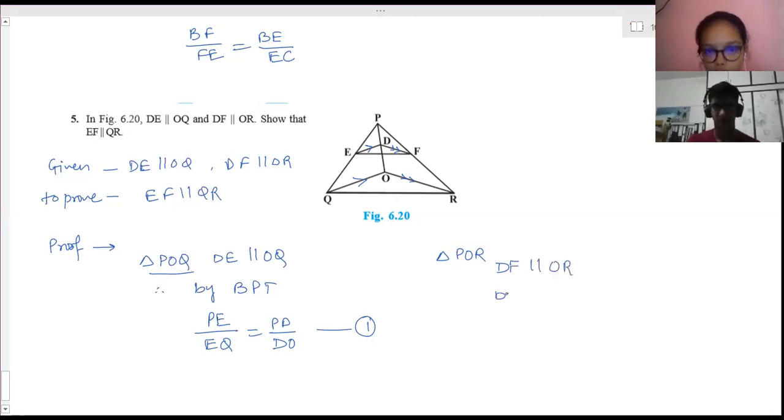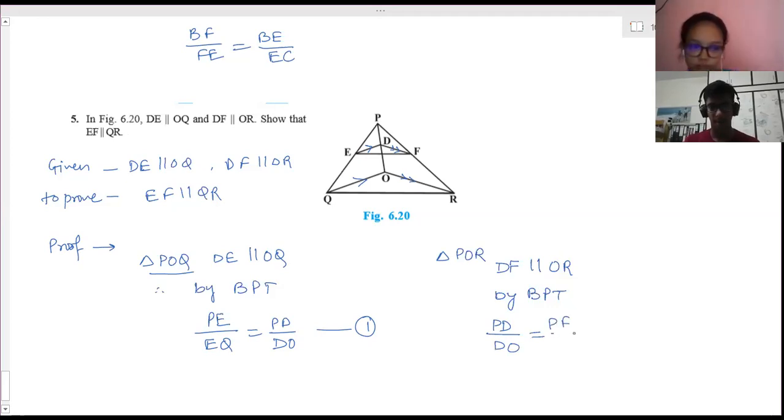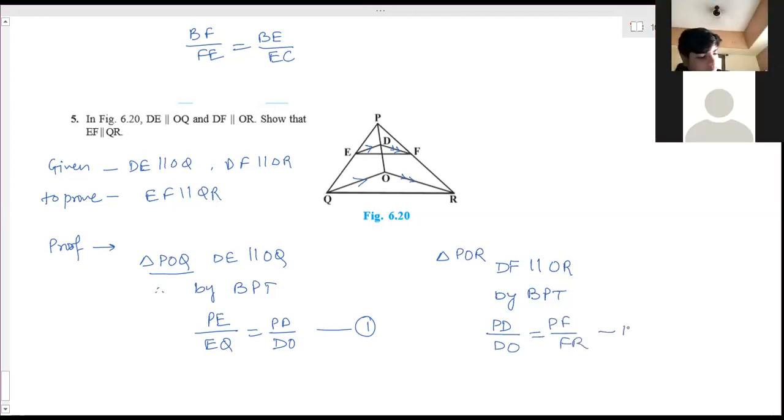So by BPT, what is the mathematical statement for this triangle? PD by DO is equal to PF by FR. So from 1 and 2, what we can say?